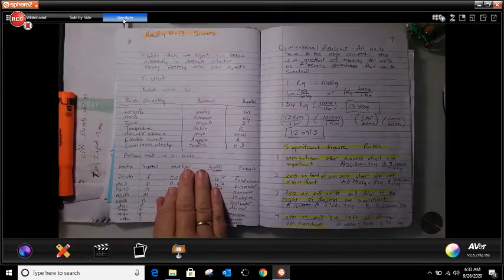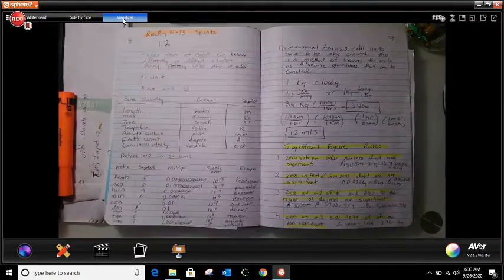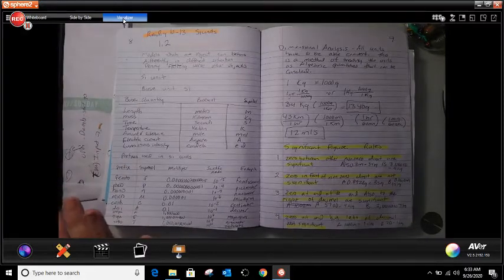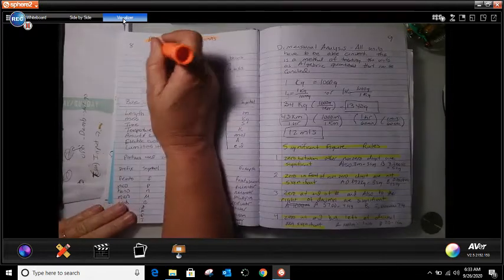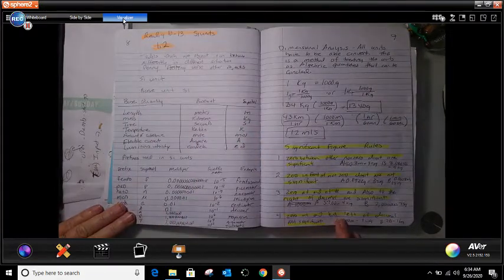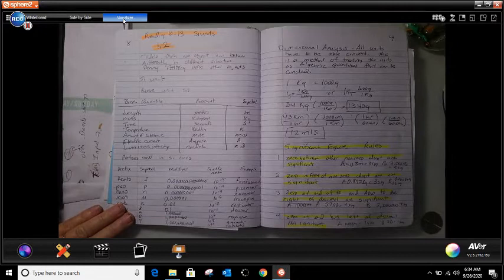The next one is reading 10 through 13, which I think is 1.2. After that, I have my notes, as you can see. Remember, what I told you to do is highlight the significant figures. I'll be looking at that to make sure you have done it.